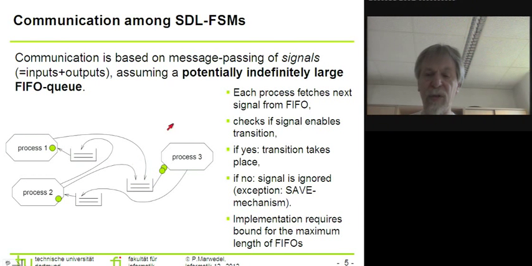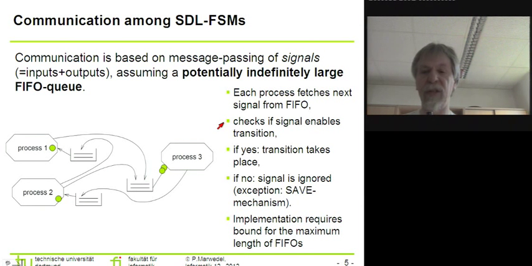So in order to execute the model of an SDL specification, this is what we have to do. We have to analyze each of these processes or each of these finite state machines. We have to fetch the next entry there from the FIFO.